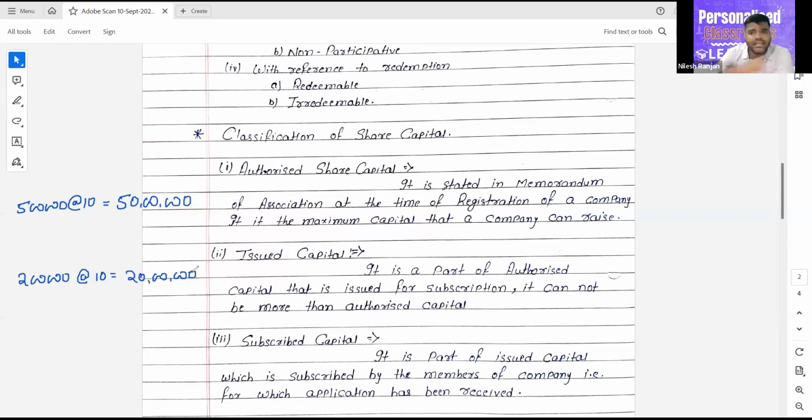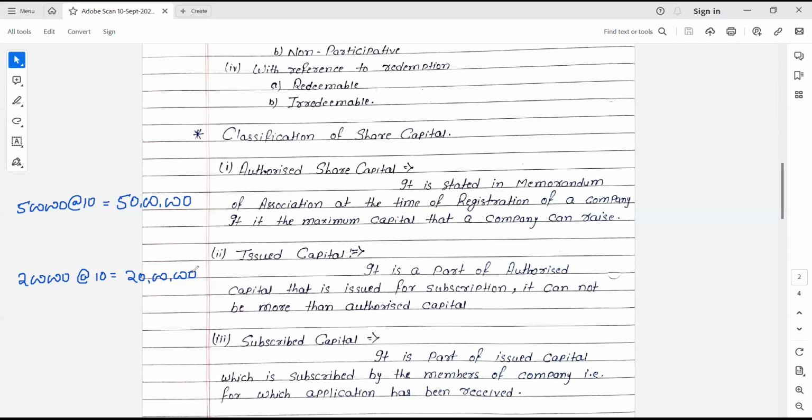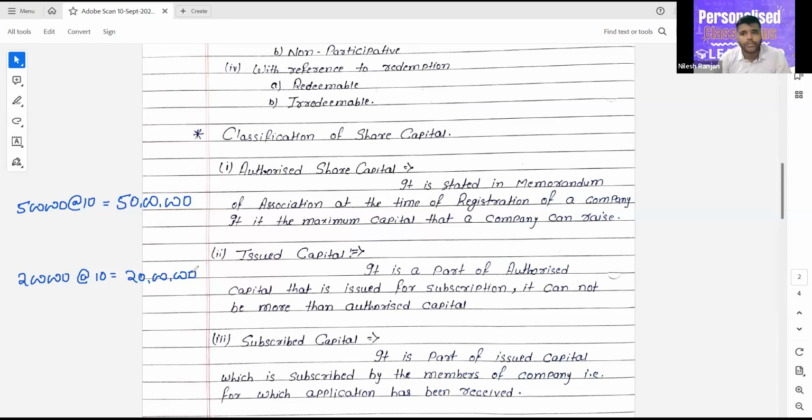What does kept for sale mean? It is not like we have opened a counter and we keep a product on the counter so that people come and purchase it. So what will we do here in issued capital?